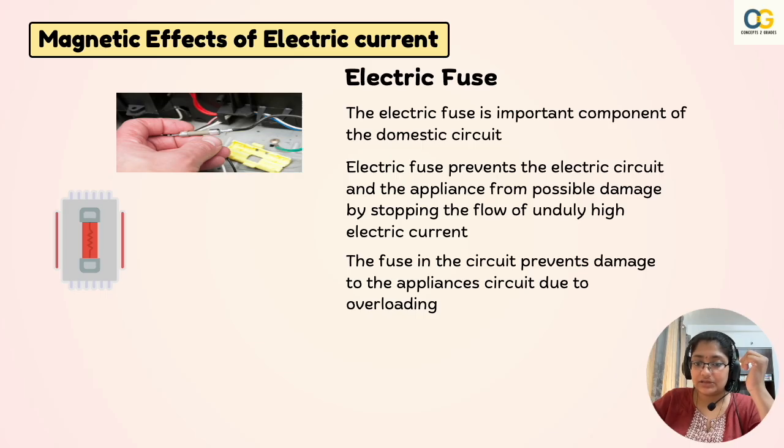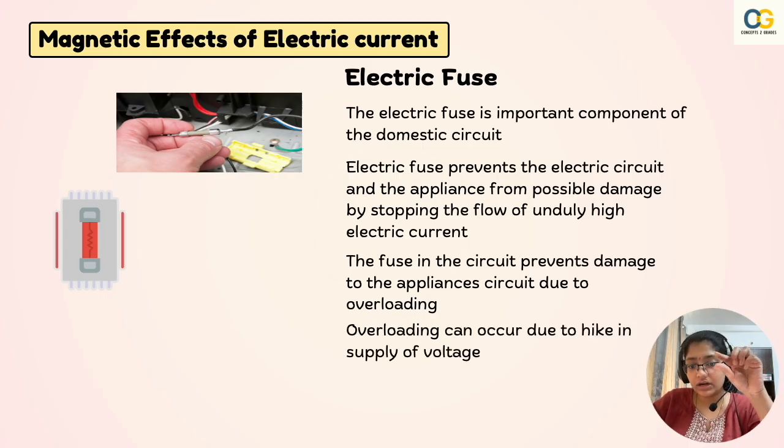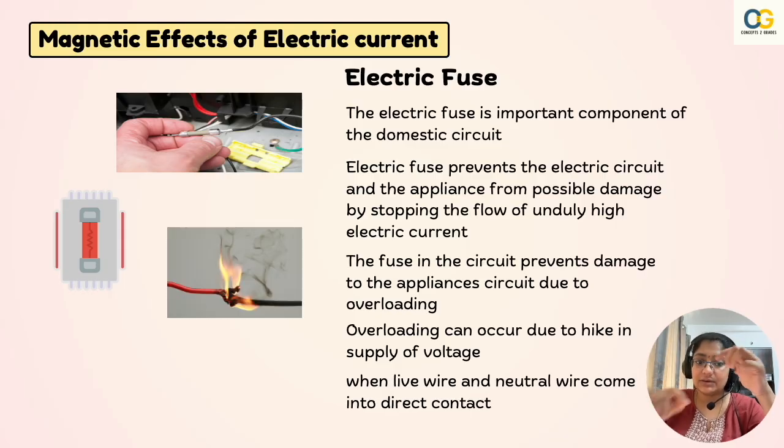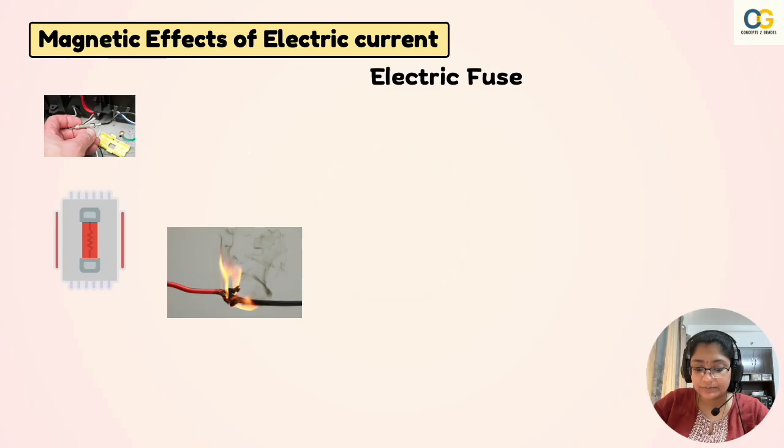and it will stop the circuit from getting further damaged. Okay, and this overloading, what I just said, the change in current can also happen because of a hike in supply of voltage. Ohm's law, increase in voltage, increase in current. So that process is called overloading. And sometimes the live and the neutral wire come in contact like this, which can cause a huge heating effect or issues.